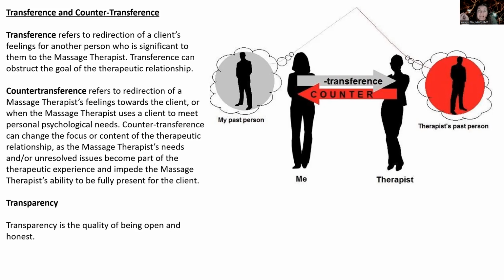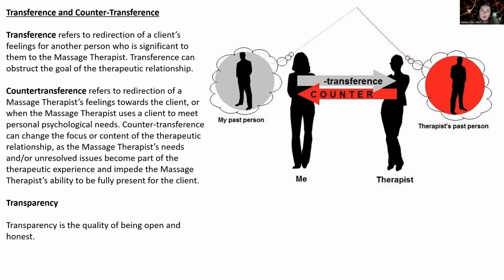Countertransference is when the therapist has feelings about the client because they remind them of someone else. And this will impede the therapist's ability to be fully present for the client. What if the client reminds them of an uncle that was really abusive and nasty? Are you going to be completely open and as friendly with that client as you are with other clients?